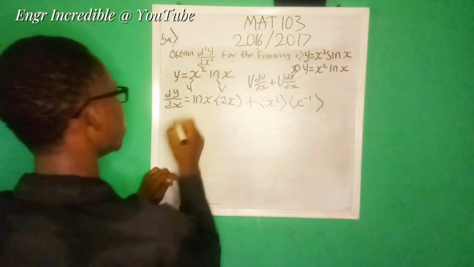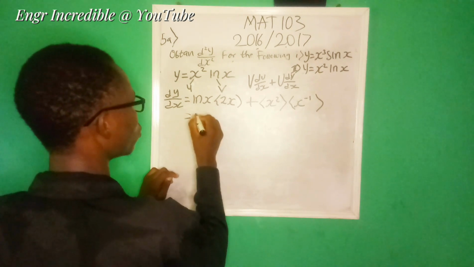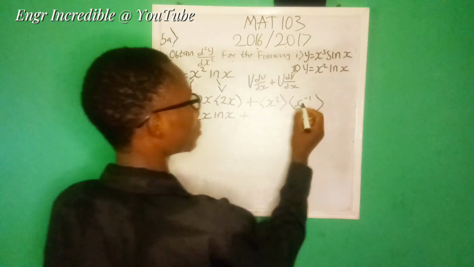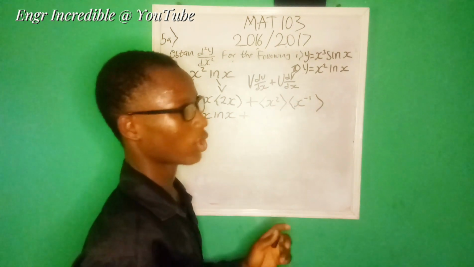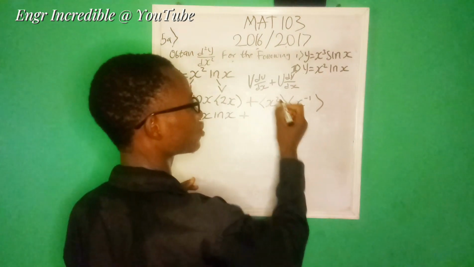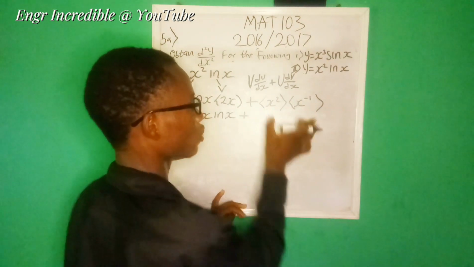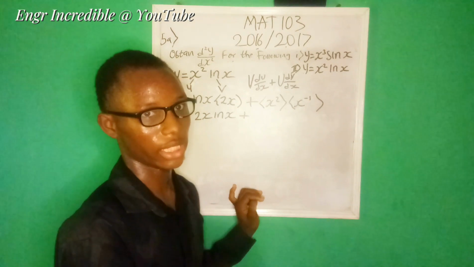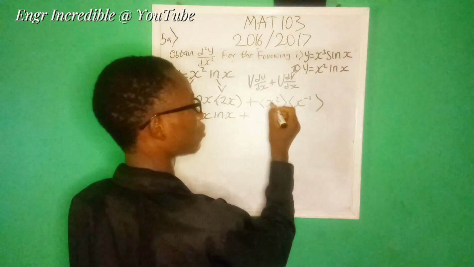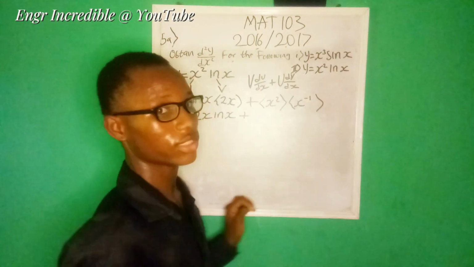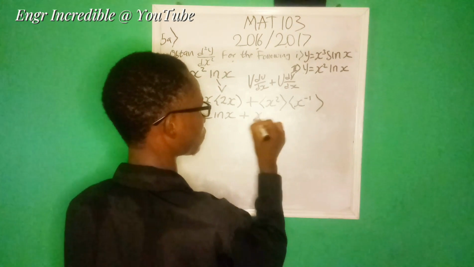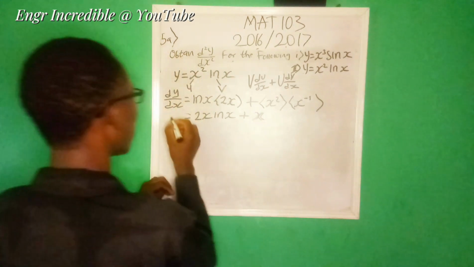So when we simplify this, dy dx will be equal to 2x ln x plus x squared times x to the minus 1. Using the law of indices, we are going to have x raised to the power 2 minus 1 when we multiply both of them together. That is like the first law of indices. So we are going to have x raised to the power 2 minus 1, which is the same thing as x raised to the power 1, written as x.